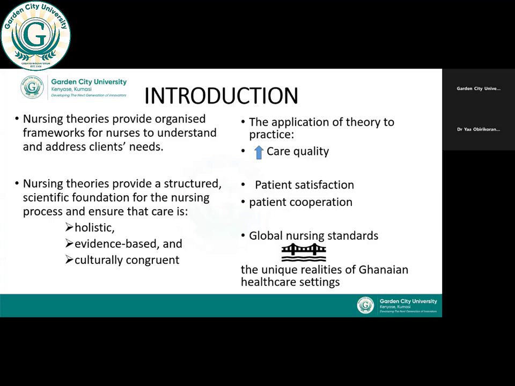The application of the theory also helps us to bridge the gap between global nursing standards and the unique realities of Ghanaian healthcare systems.